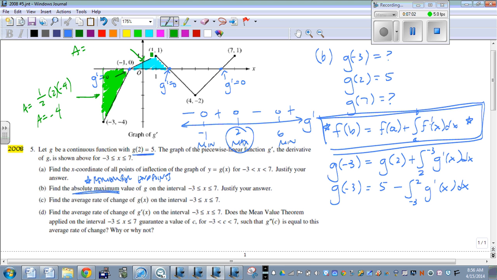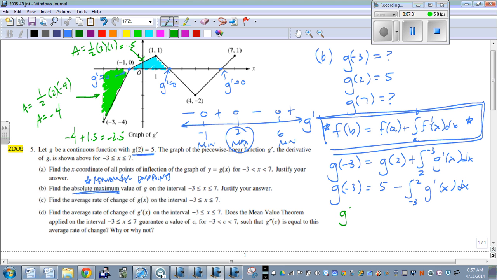It's above the x-axis. 1/2 times the base is 3. Height is 1. So we get 3/2 or 1.5. So if we combine those, negative 4 plus 1.5, we get negative 2.5. Right? That combined gives us negative 2.5. That's our change in g from negative 3 to 2.